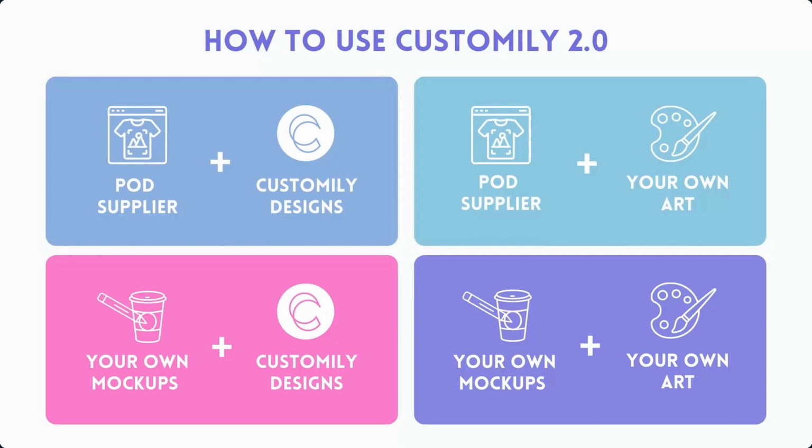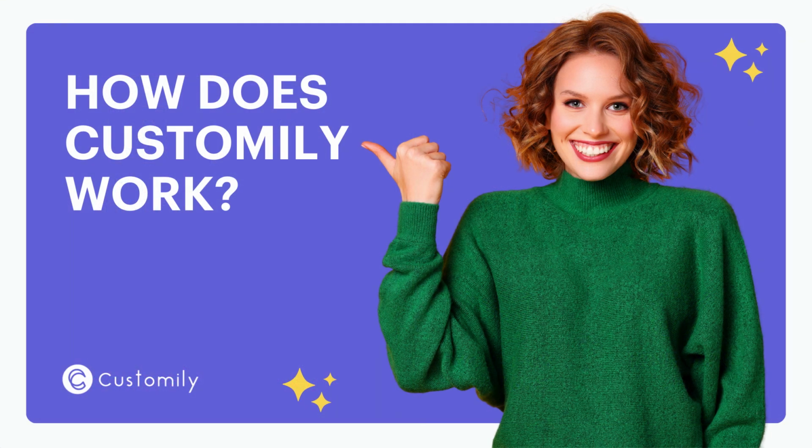And so when you create a product base and a Customily design, a new product will be born in your store. Of course, you can add your own designs to your own products. And this is the path that may take a bit more time. But if you have the right information and once you have all your mockups and all your designs, all you have to do is combine them any way you want, and each combination will create your listings in your store.